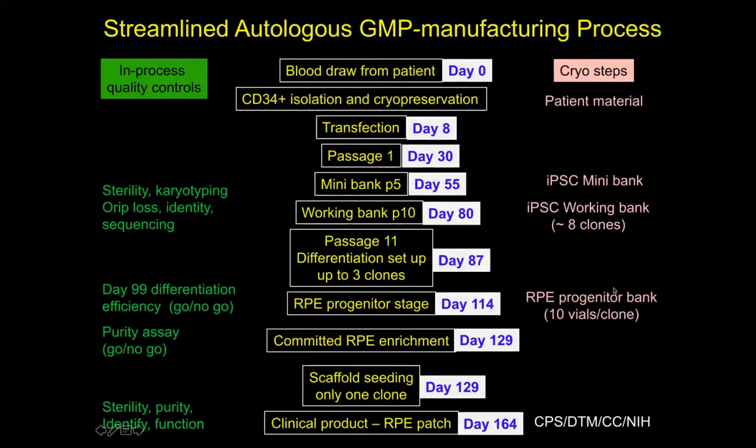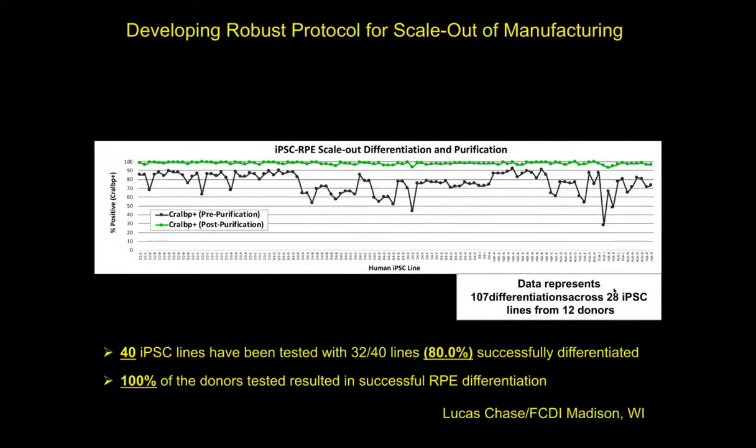At the same time, on the right, you see some intermediate stages where we cryopreserve our tissue or cells so that in case the process fails, we can get back to one of these intermediate stages and start again. So the process, in a clinical grade setting, works really reproducibly and robustly.